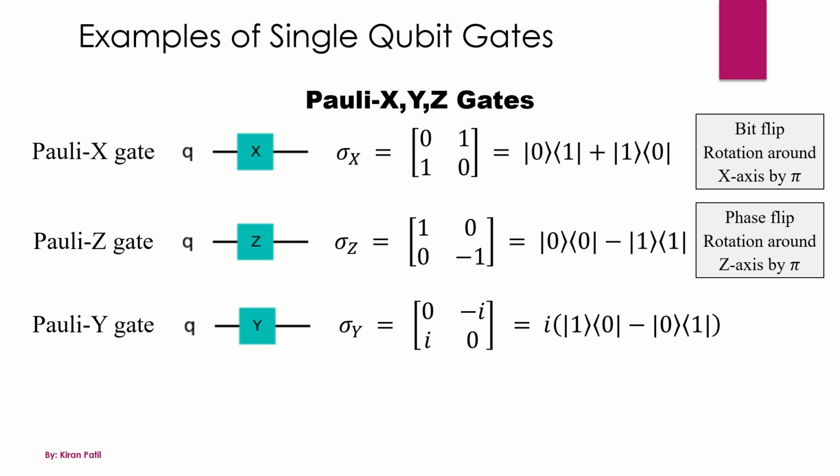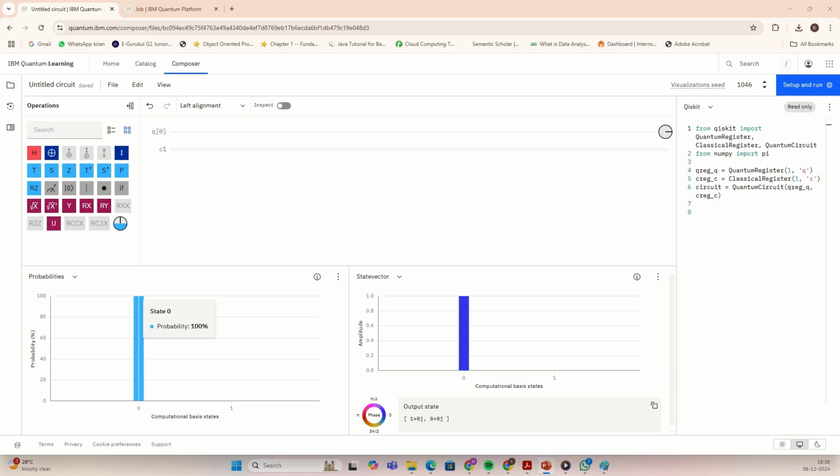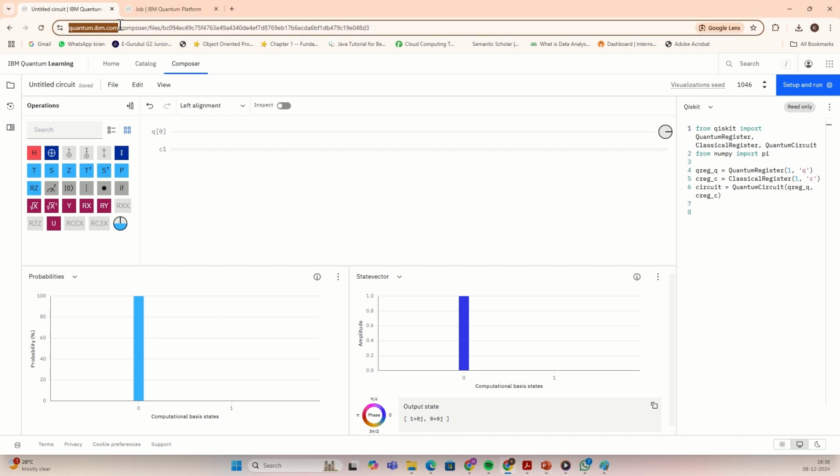When I say that it shifts the phase, how it works, we will see practically on the IBM composer. So this is the IBM composer. You can see it on the website quantum.ibm.com composer.